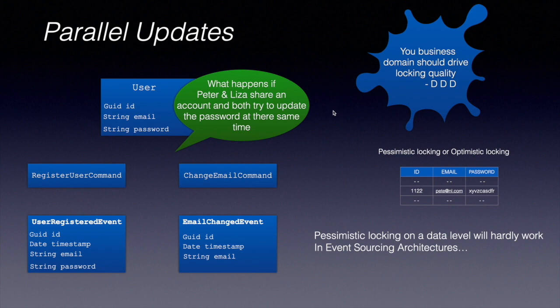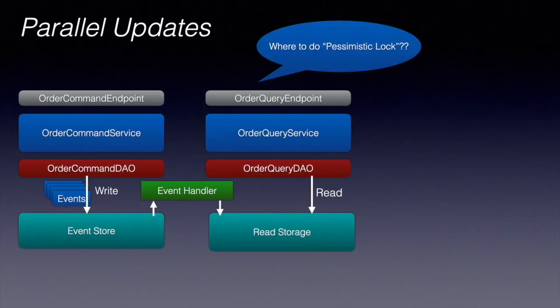Pessimistic locking on a dataset hardly works in event sourcing architectures. What do we pessimistically lock, the event store or the read store? It won't work at all. Pessimistic locking is a bad practice even in our old school architecture. If we really want to do pessimistic locking in our event sourcing architecture, we can do it at the business logic level.